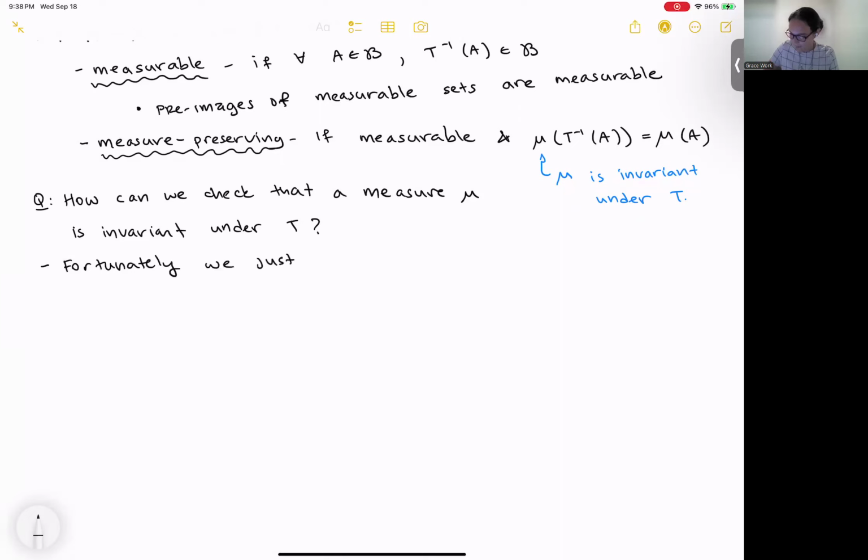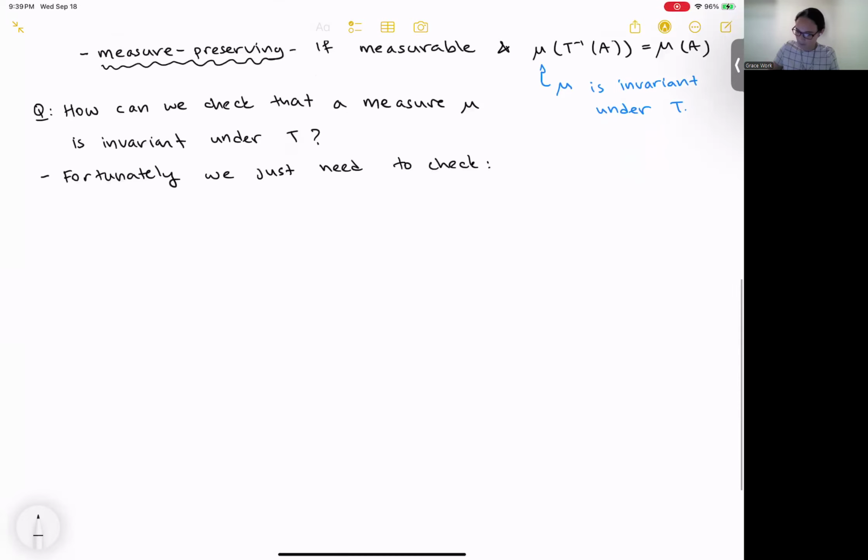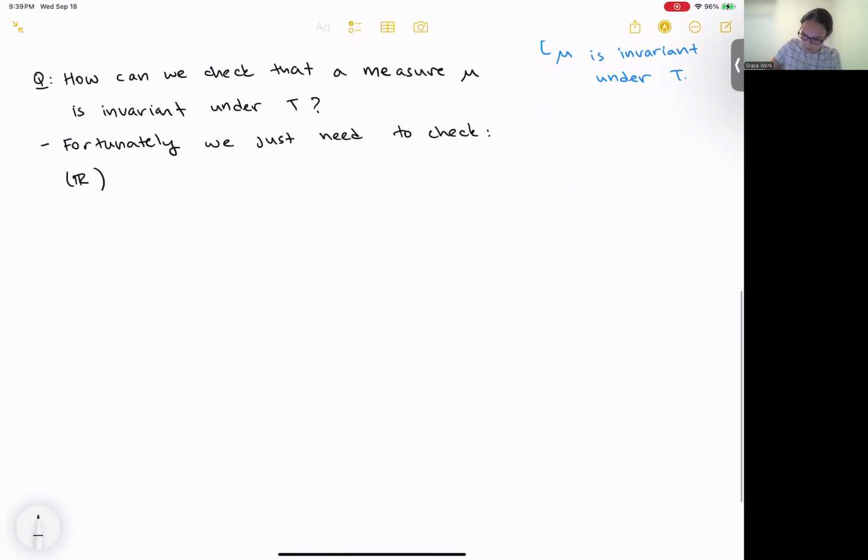For subsets of R, we just need to check intervals. For R2, we would need to check rectangles. And for the circle, we would just need to check arcs. Being able to check these specific collections, intervals, rectangles, and arcs, allows us to avoid having to check every single measurable set.